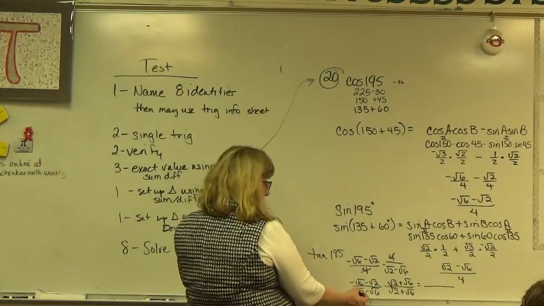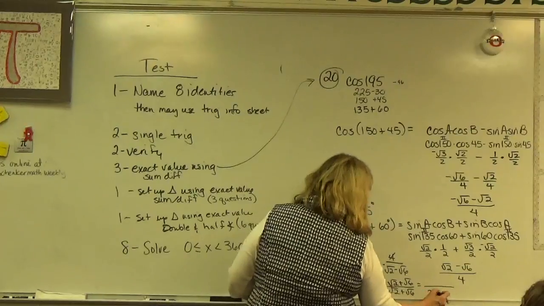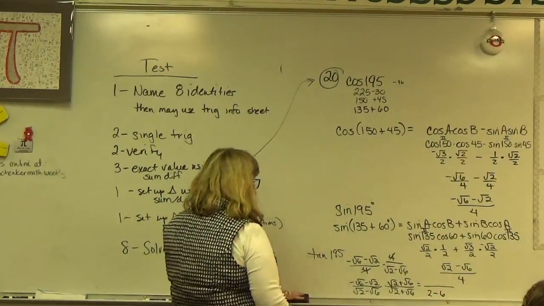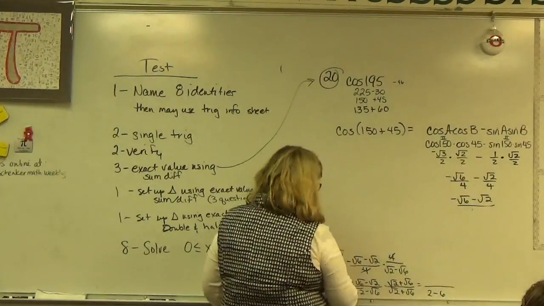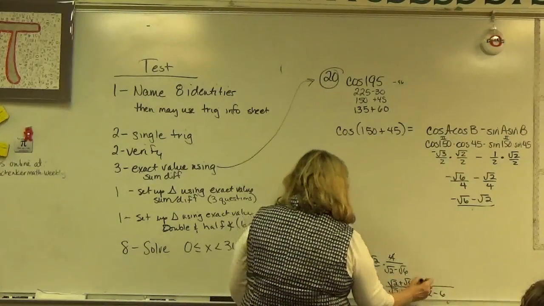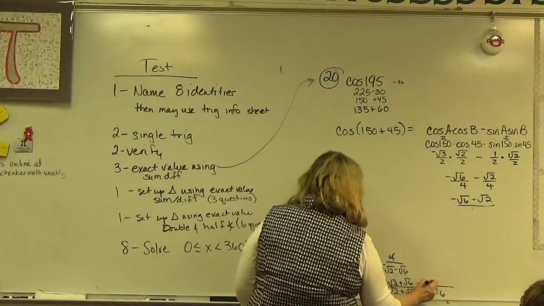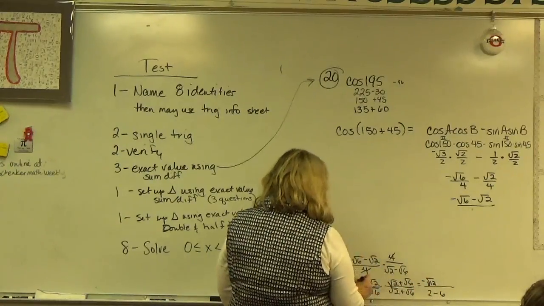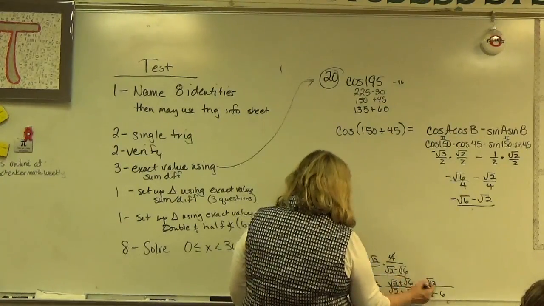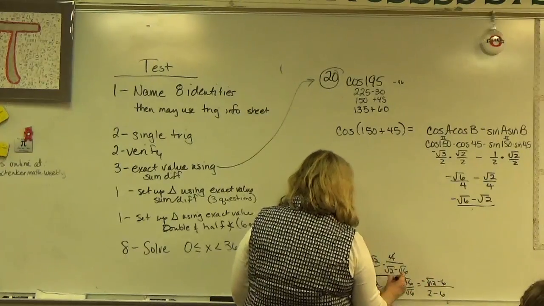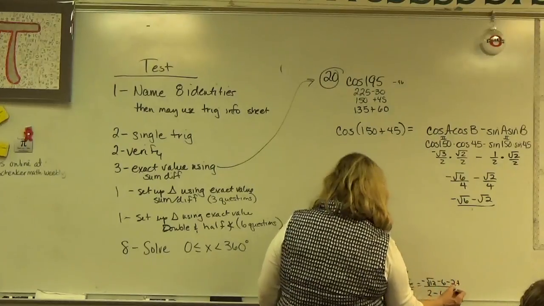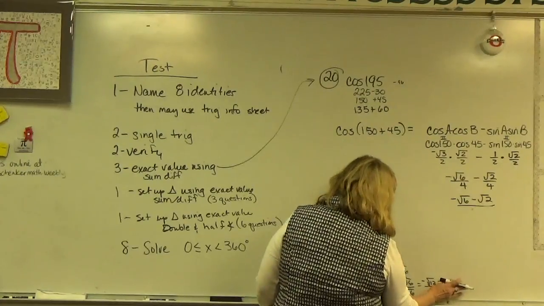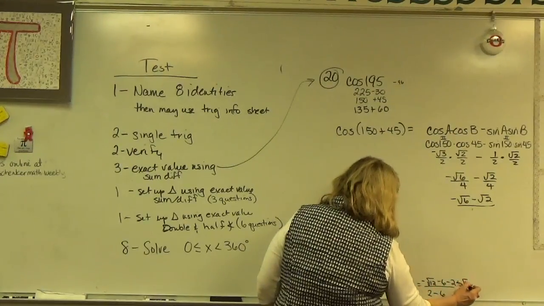The bottom's easy, because it's first times first, last times last. On the top, you're gonna have to use FOIL. That would be negative radical 12 for first times first. Outer would be a negative radical 6 times radical 6, inner would be a negative radical 2 times radical 6. Last times last would be negative radical 12.